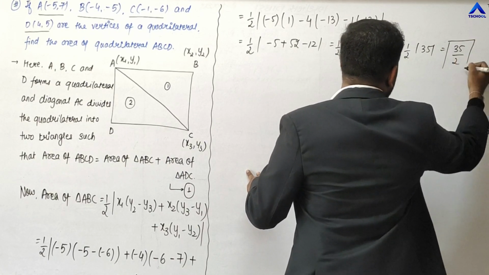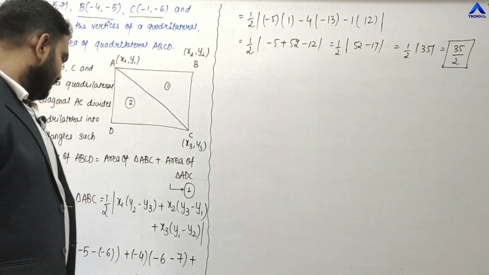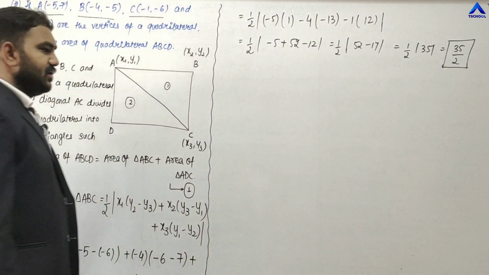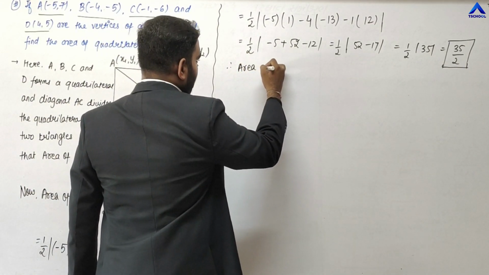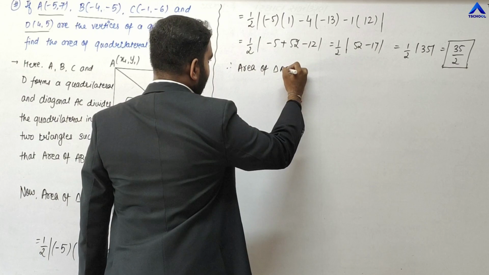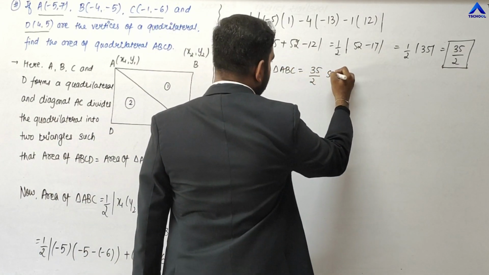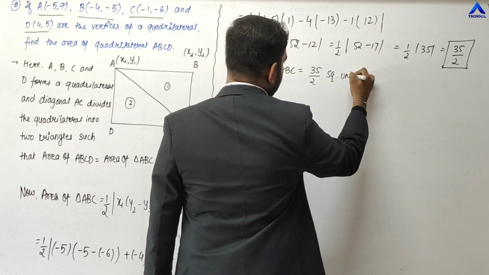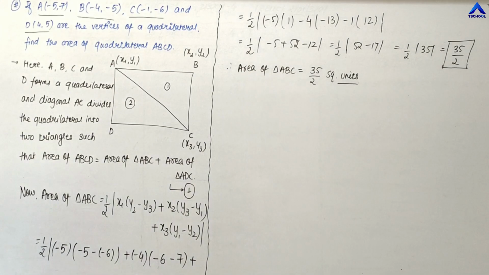So we got the area of triangle ABC. Therefore, area of triangle ABC is equal to 35 by 2 square units. Right? 35 by 2 square units.